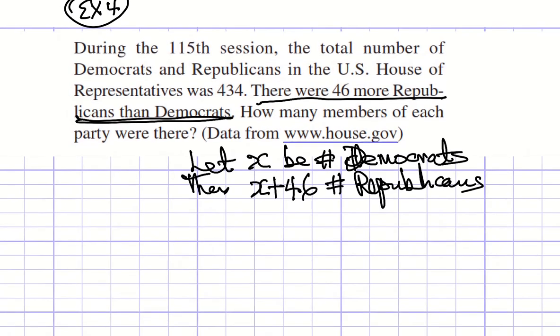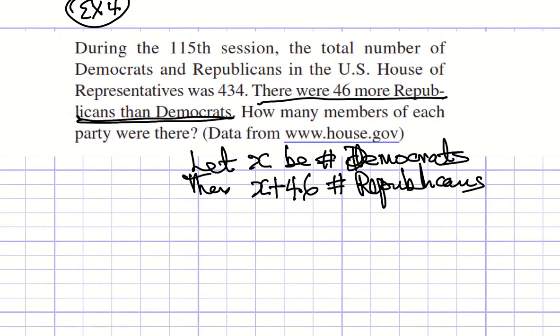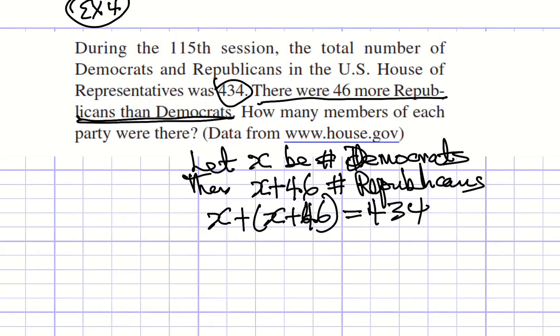But they say the total was that. So that means X plus X plus 46 equals 434. The same problem, man, just different wording. Let me make that a little cleaner.